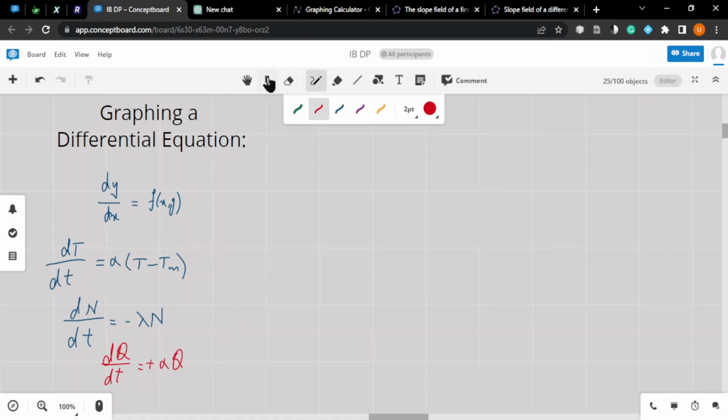So in today's discussion, I'm only talking about how a differential equation looks. Now, let's start with a simple function. When we say y equal to f of x, this is a function. For example, x square plus 2 is a function.